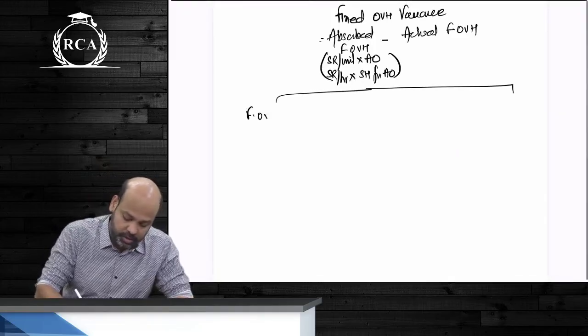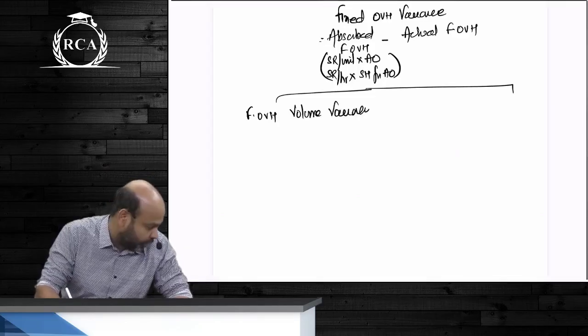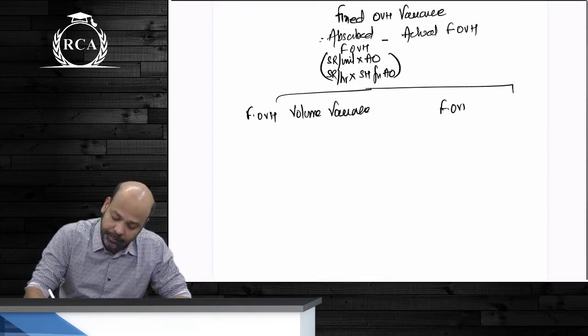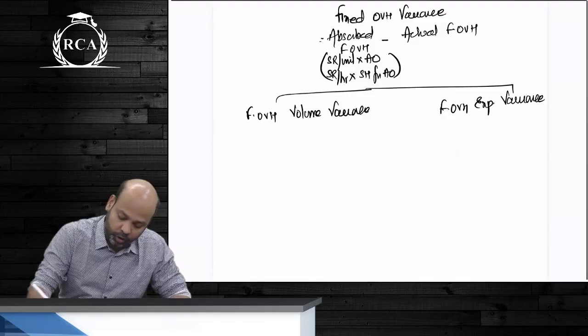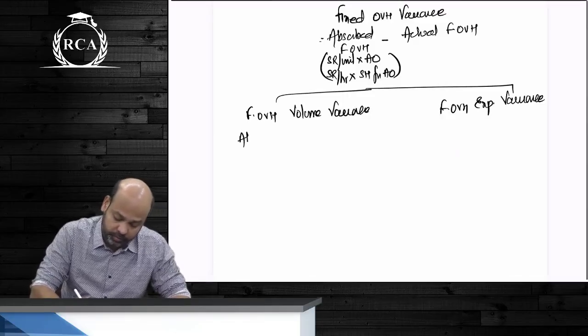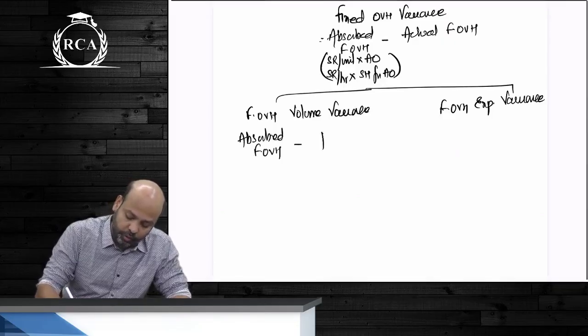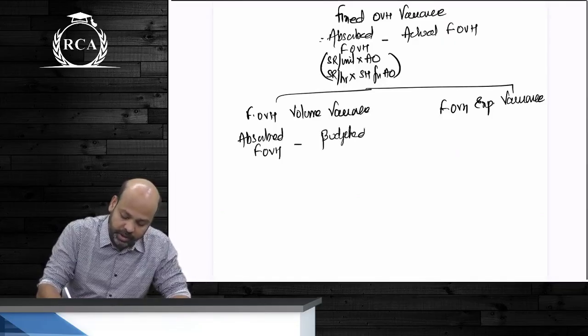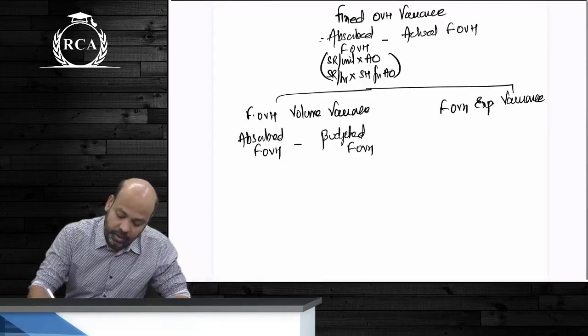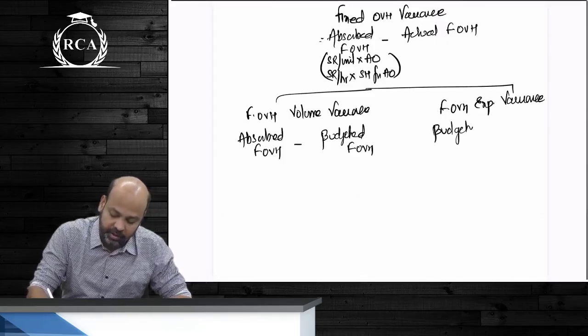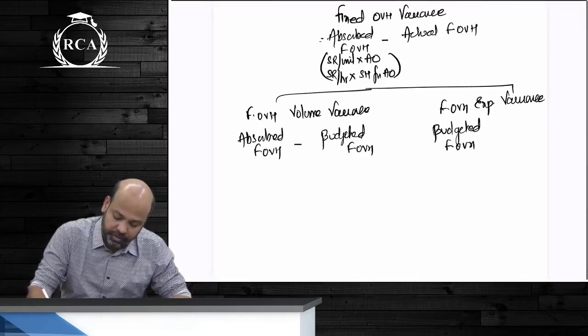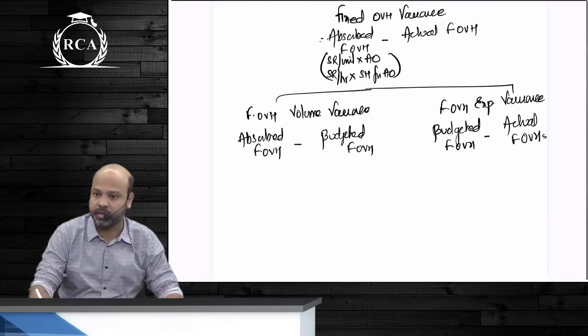Revise first, copy later. Fixed overhead volume variance and fixed overhead expenditure variance. How do we compute fixed overhead volume variance? You compare the amount of absorbed fixed overheads with what you were supposed to absorb as per the budget, that is budgeted fixed overheads. Your fixed overhead expenditure variance will be budgeted fixed overheads minus actual fixed overheads. Are we clear about this?